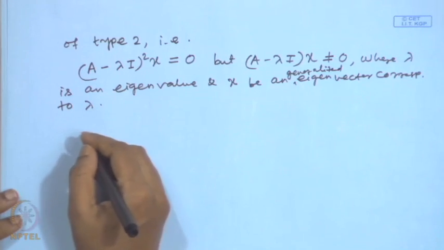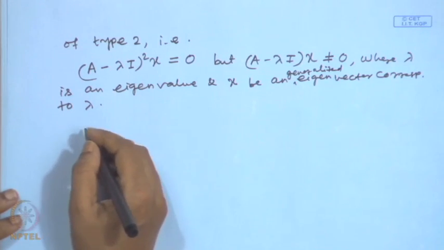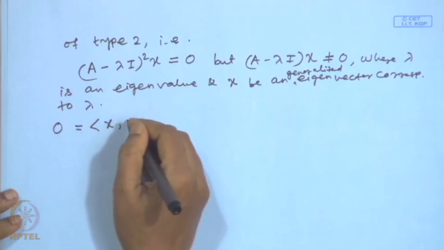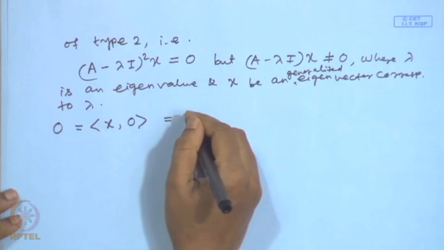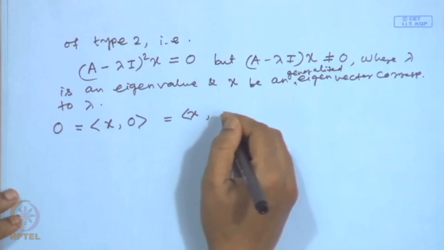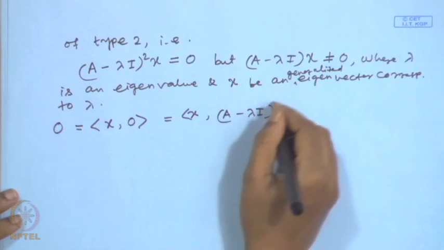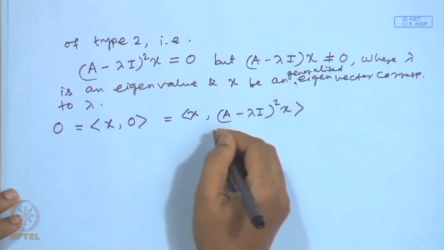So, here we get that 0 is equal to the inner product of x and 0, and in place of this 0 we can write (A minus lambda I) whole squared x.